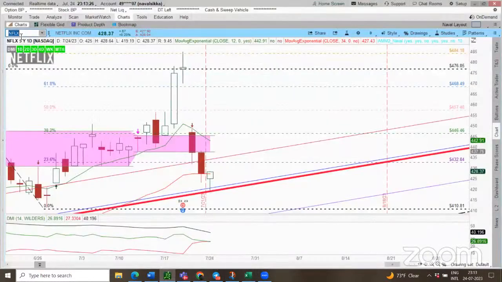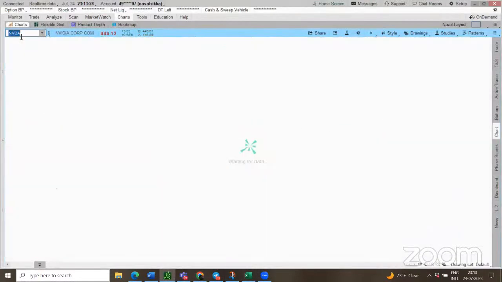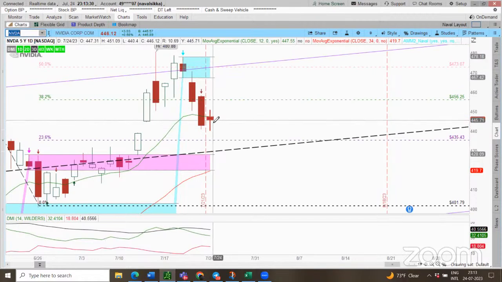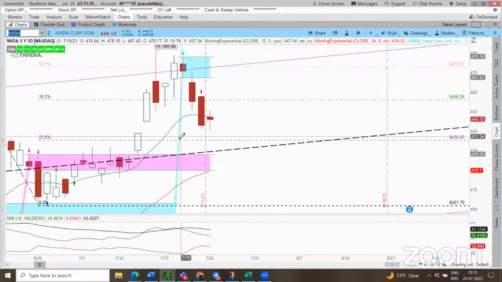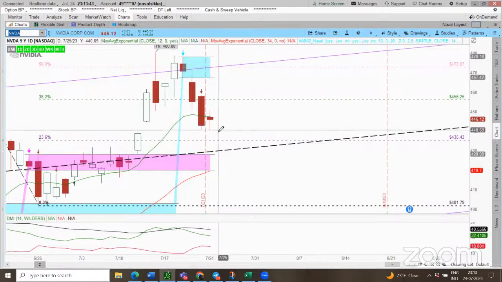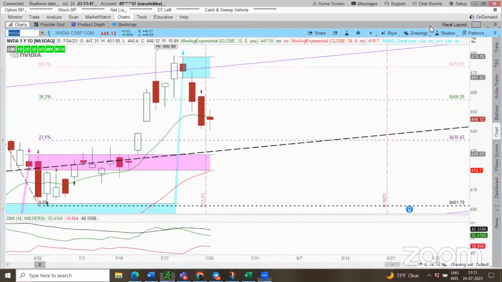Nvidia somehow managed to close, again, same thing. It's like they're trying to regain the strength above the 12 EMA, which is good. They were supposed to hold and fill this gap, 439.30. Today, it came and made 440.40. So there is still a $1 gap.